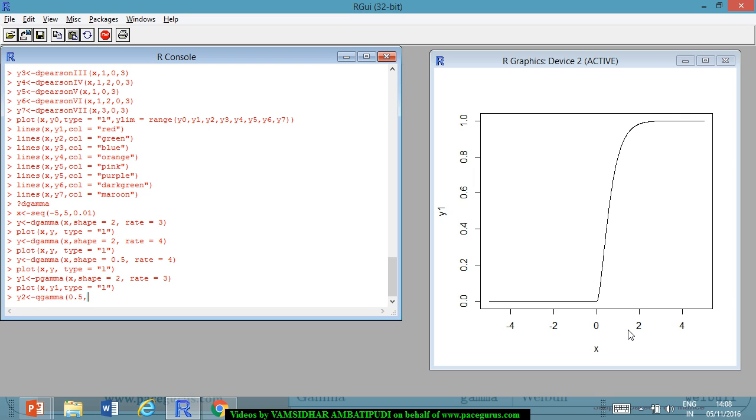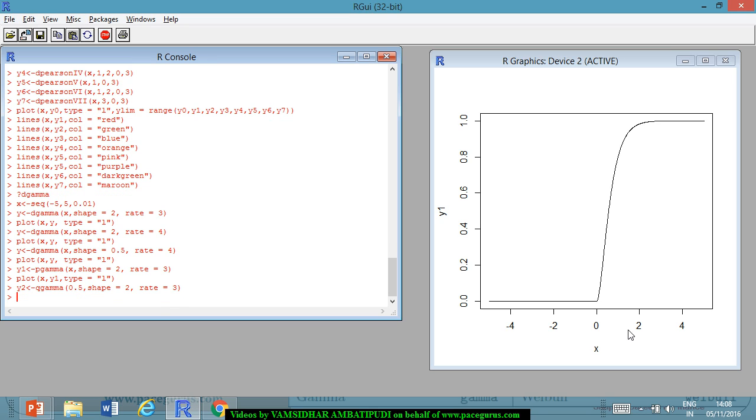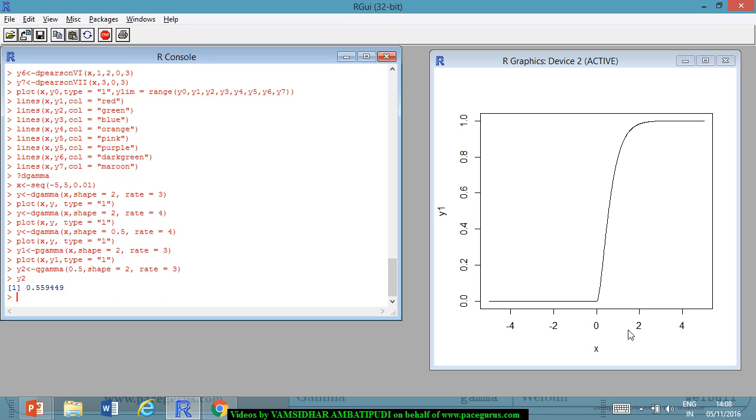For this data it's like a median for me. So wherein I want shape equal to 2 and rate equal to 3. So if I look at y2, it says 0.5594. It is at this particular value I get the cumulative distribution value equal to 50%.